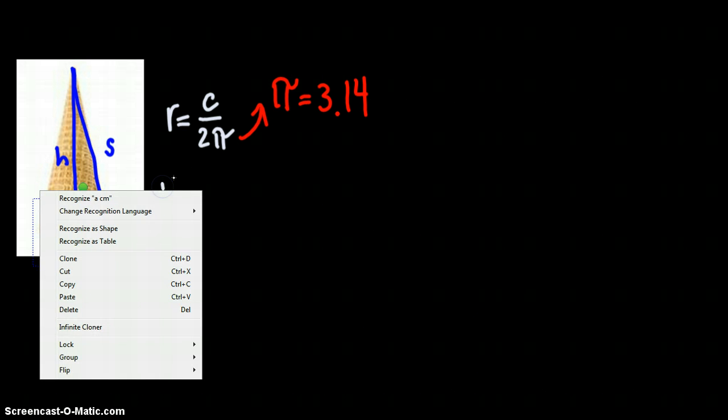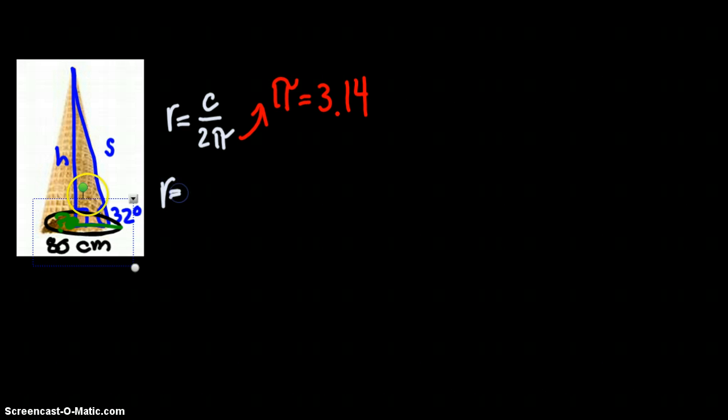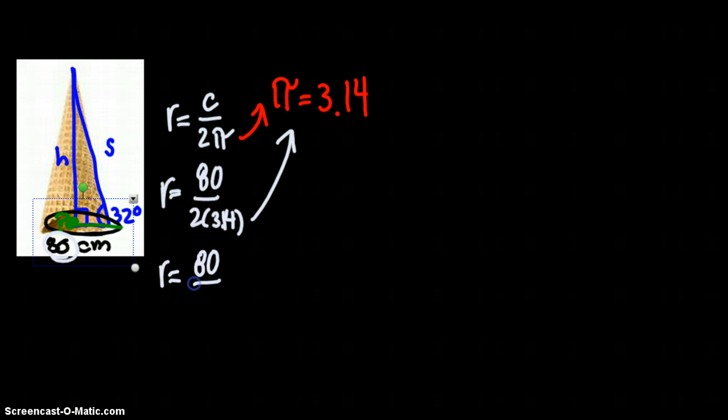Radius is equal to circumference, which is 80, over 2 times 3.14, which you can see right here. Radius is equal to 80 over 2 times 3.14, and that equals 6.28.